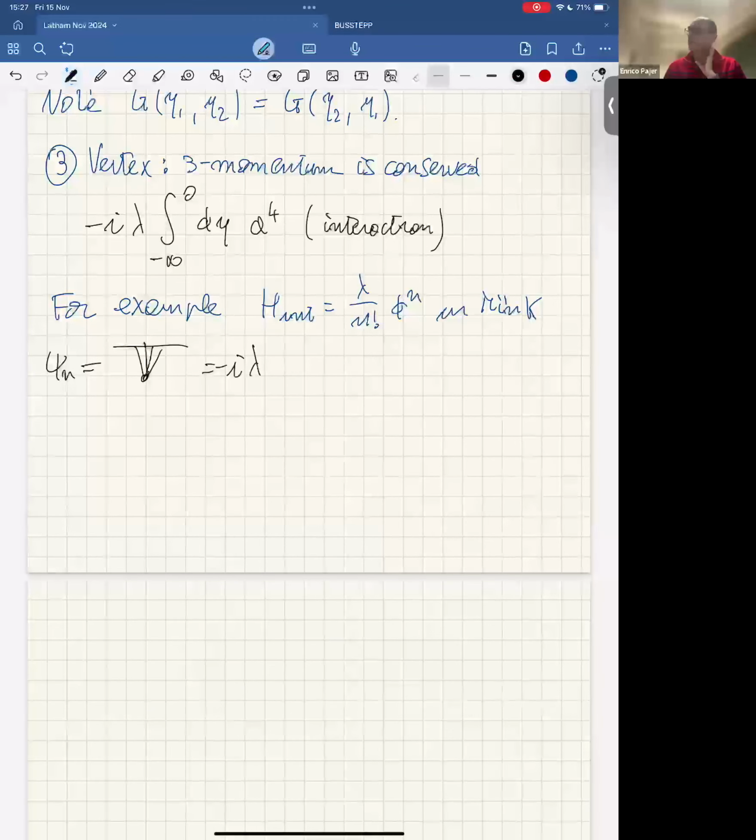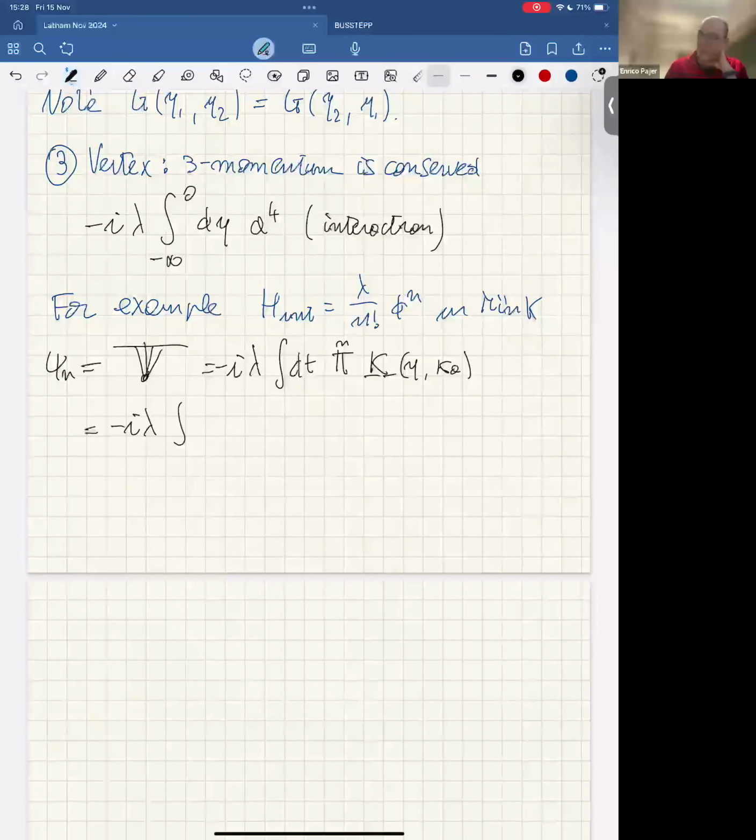Minus i lambda, interaction in dt. There are only bulk-boundary propagators. There is n of them, and each one is k, and there's one for every different external momentum. So minus i lambda, this is the integral from minus infinity to 0 in dt.